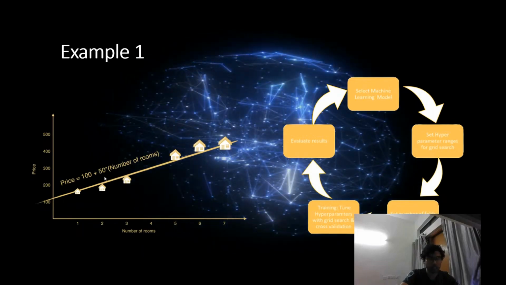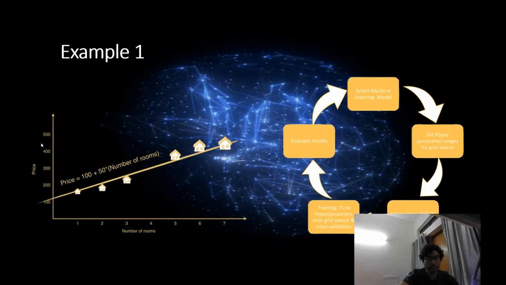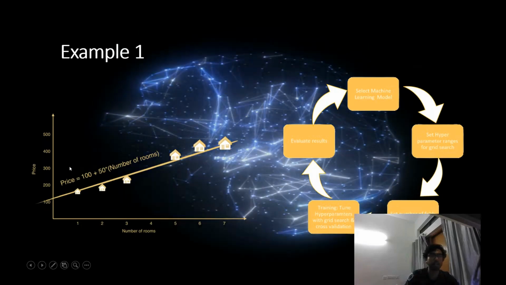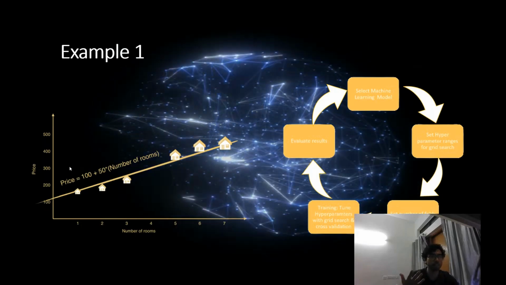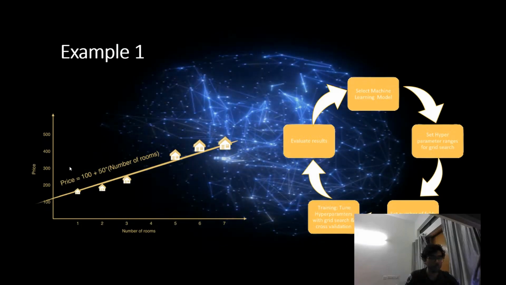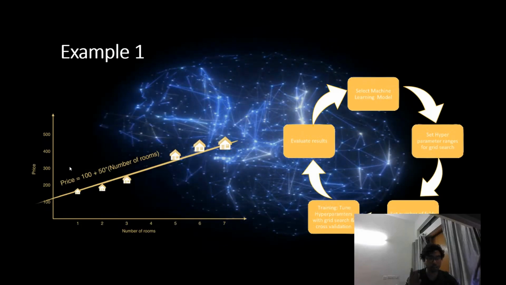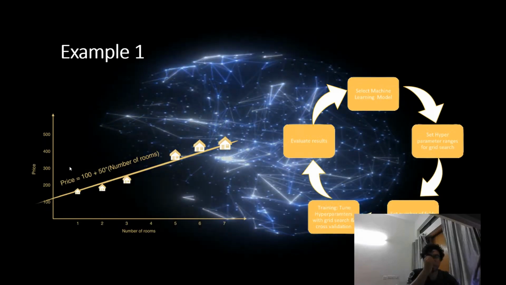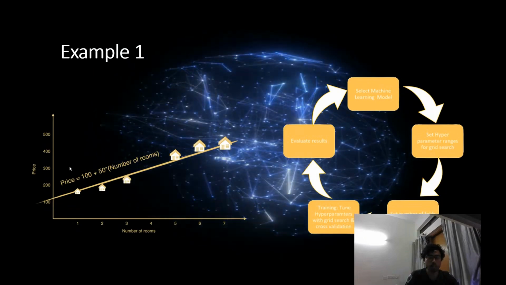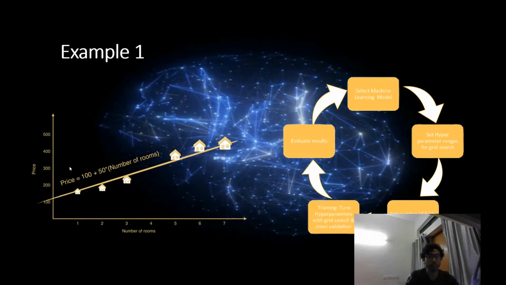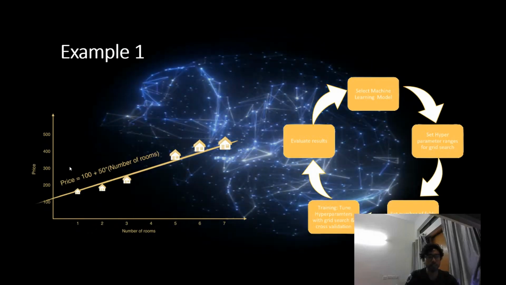Right, exactly. In this example, we only have the number of rooms, but the price of a house might depend on the size of the house, the square feet, the location, and thousands of other parameters. The human brain cannot visualize beyond 2D.